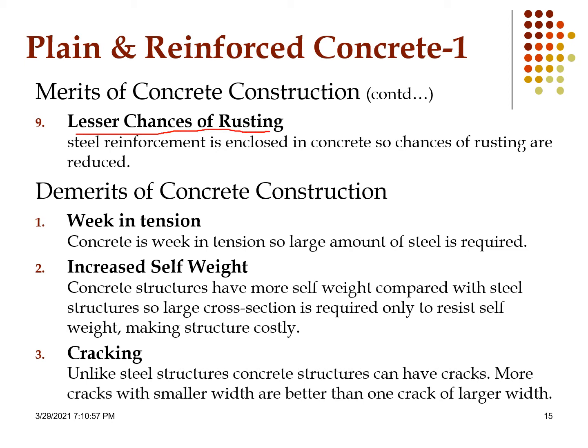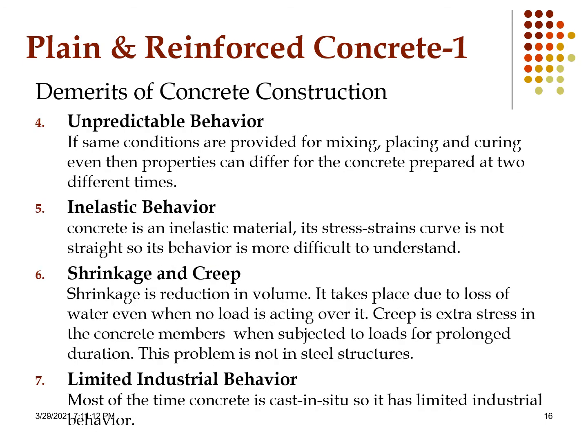Now, some demerits of concrete structure. The first demerit of concrete structure is that concrete is weak in tension. Then we have increased self-weight, and if we compare with steel structure, concrete structure can have cracks actually. In case of concrete structure, another demerit is that we have unpredictable behavior.